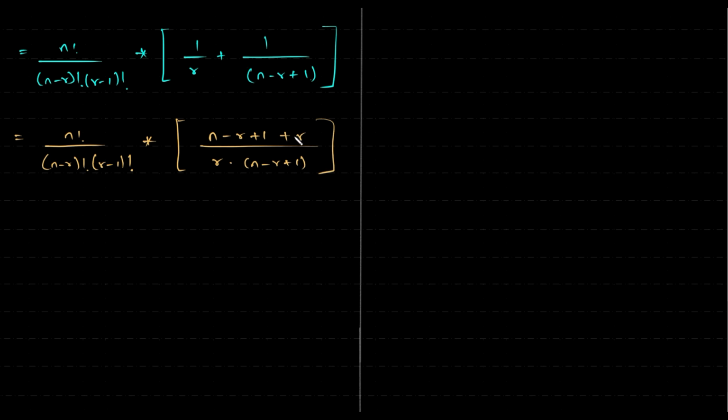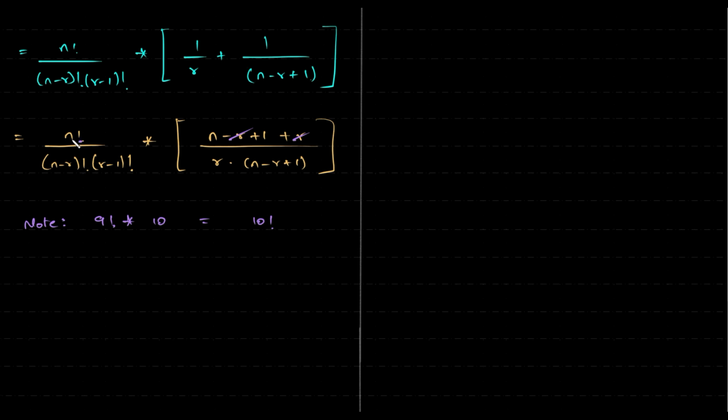So this will cancel each other, and in the numerator we have n factorial into (n plus 1). Again, if I have 9 factorial into 10, that would be nothing but 10 factorial, is it not?